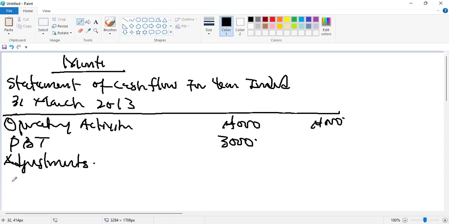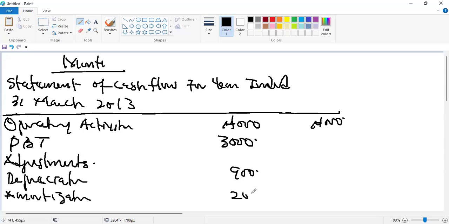You have note 1. Depreciation of property, plant, and equipment was 900. Then amortization is 200 based on the question.